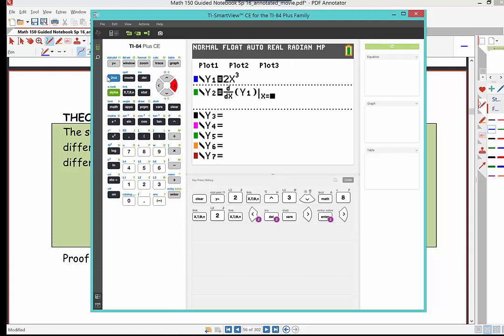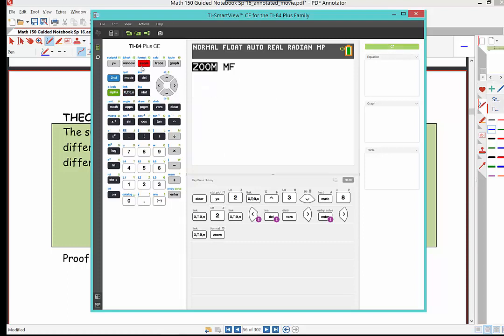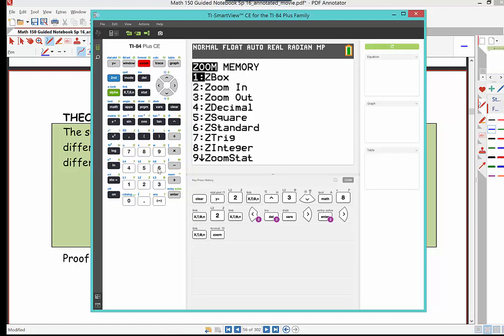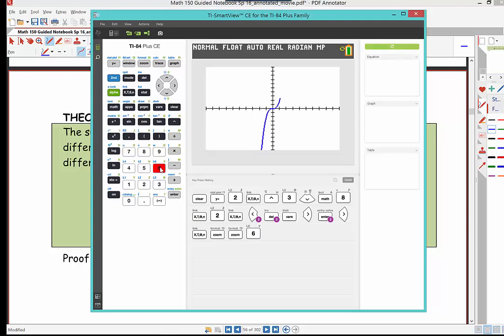And then we're going to look at x equal to x, and we'll go ahead and go on our standard zoom. We can start with zoom standard, but I think we're going to need it to be higher for some of our other stuff. So that's kind of our general graph.